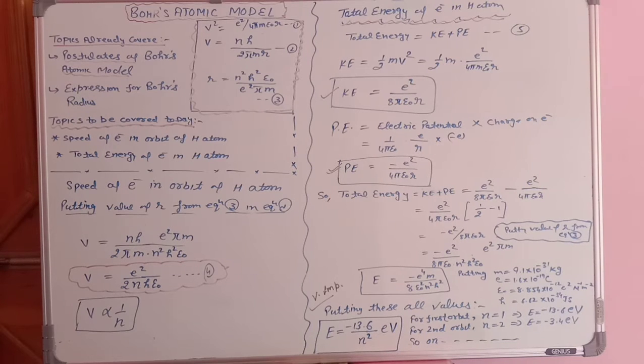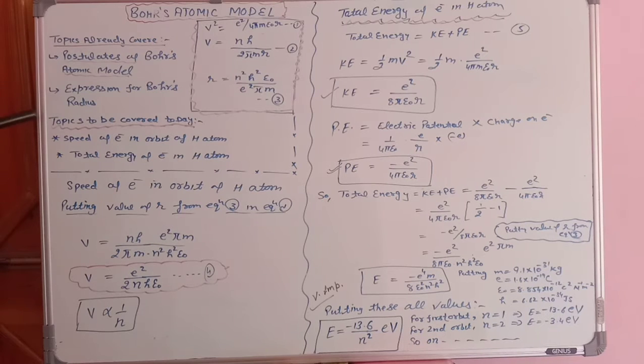So I'm just continuing with those expressions only. You can see on your screen the topics we discussed in our last lecture: postulates of Bohr's atomic model and expression for Bohr's radius.